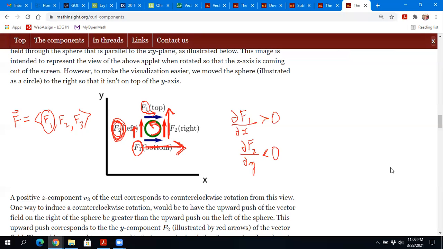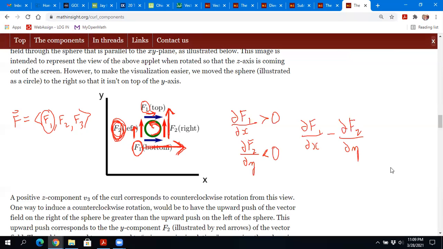Okay, so overall, what would have to happen? Well, I would need the partial derivative of F1 with respect to X minus the partial derivative of F2 with respect to Y. So the negative sign would turn that negative rate of change of the second component with respect to Y into a positive, right?